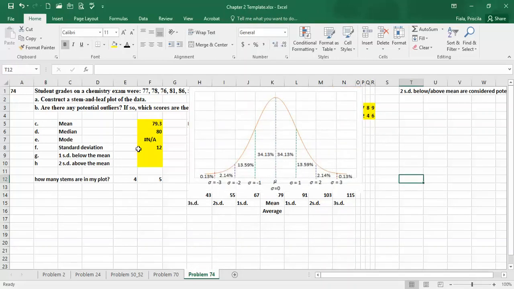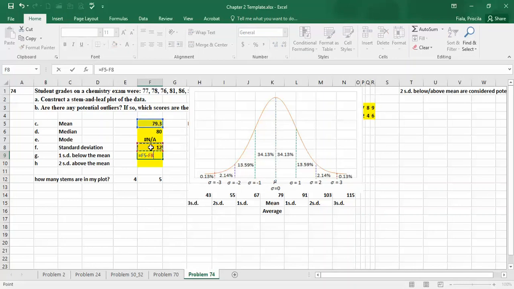So if I ask you on the midterm, what is one standard deviation below the mean? Well, you don't have to go through all this trouble. You just go equals my mean, one below, so minus one, times 12, which is my value right here, okay?